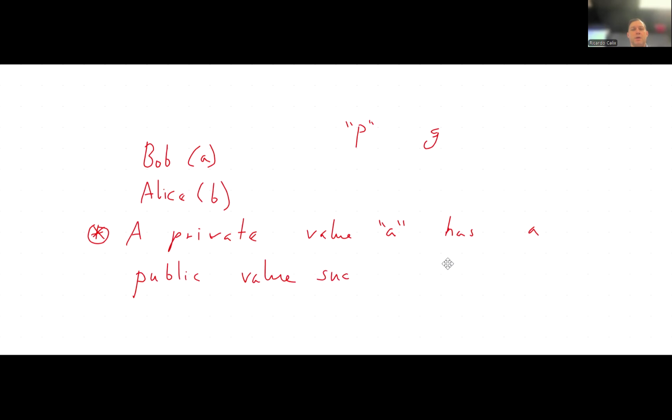So a private value A has a public value, and I guess I should have said A here. Okay, so A equals G to the A mod P.